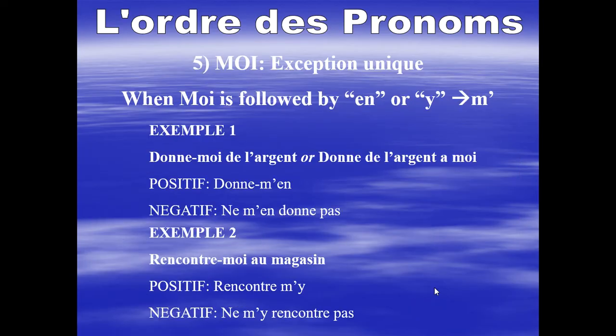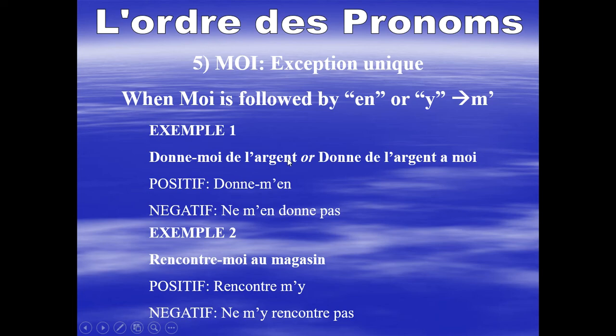Okay, and then this is also extra. It won't come up on your test, but basically, whenever you have moi, this is a unique exception. So moi is followed by en or y, and then it becomes m apostrophe. So here's an example.